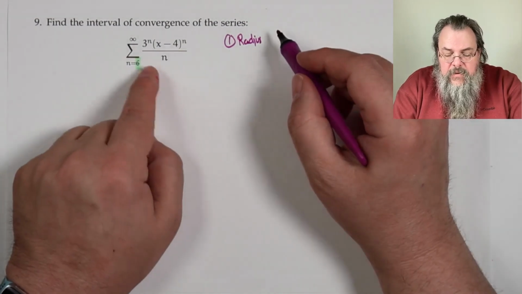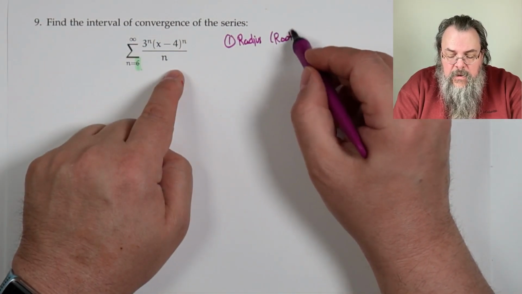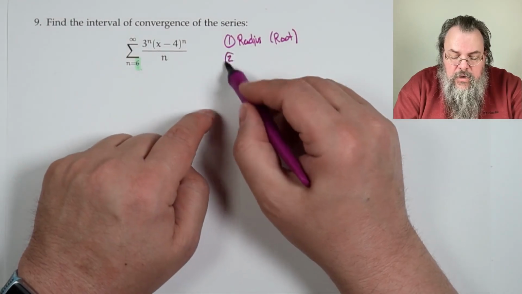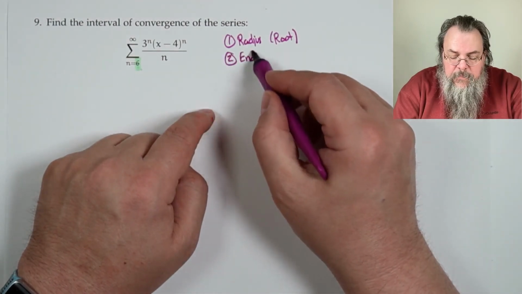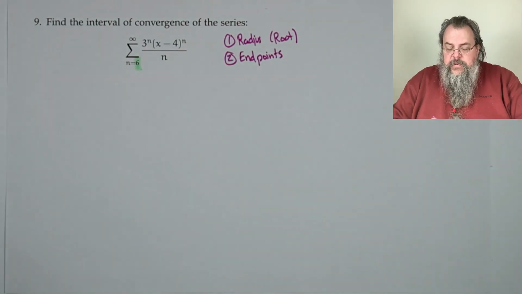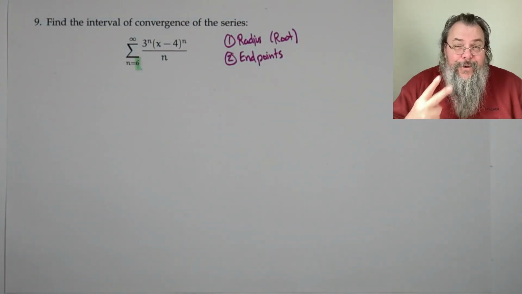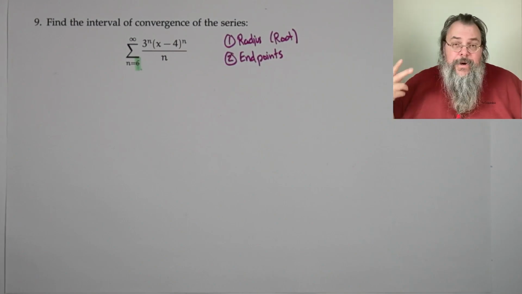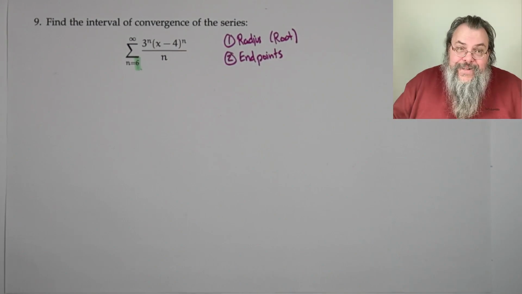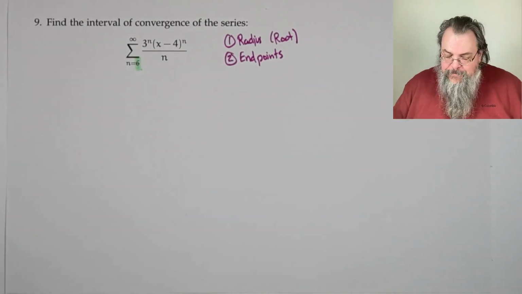This looks like a very simple thing, so let's go with the root test. Then step 2 is we need to figure out endpoints. What's going on at the end? Because the first step is going to give us everything but 2 points, and you say, well, what about those 2 points? You have to treat those very, very specially.